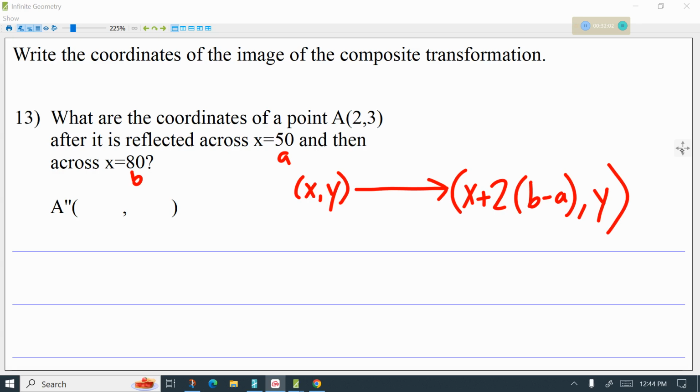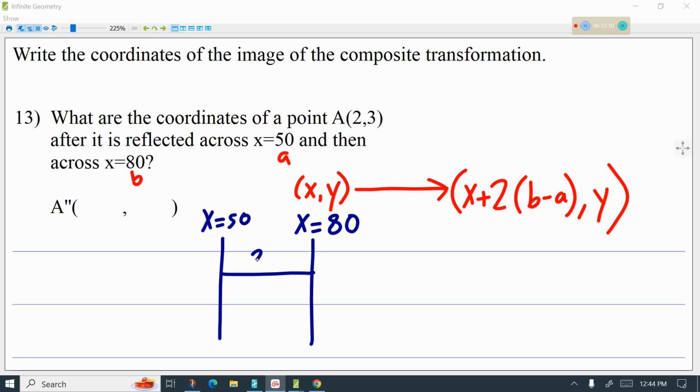If I have x equals 50 and x equals 80, when we did our experiments in class, we saw that the only thing that mattered was the distance between the mirrors. In this case, my b is 80 and my a is 50, so b minus a is 80 minus 50. What's 80 minus 50? It's 30. That's where the 30 came from.